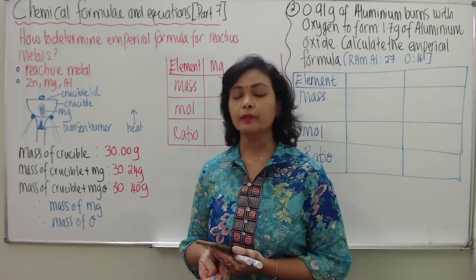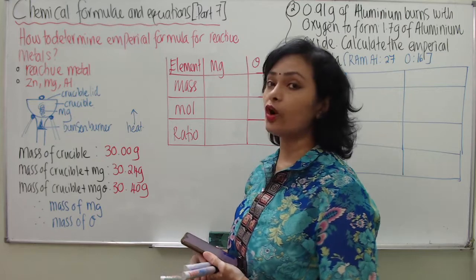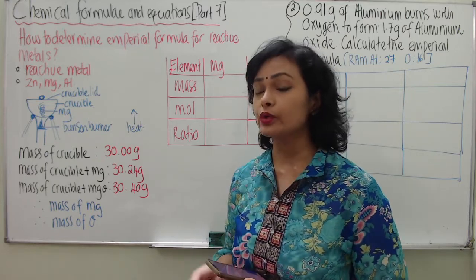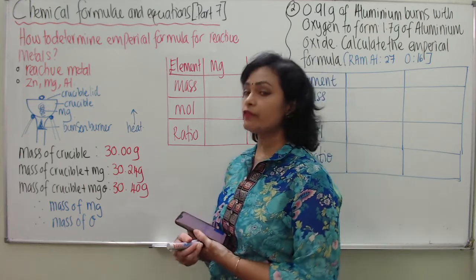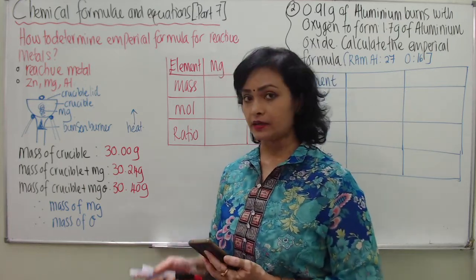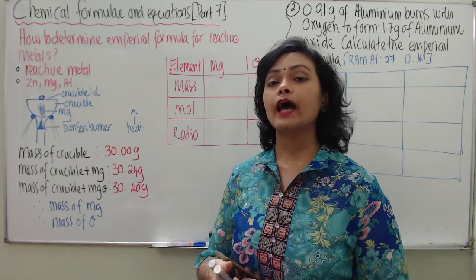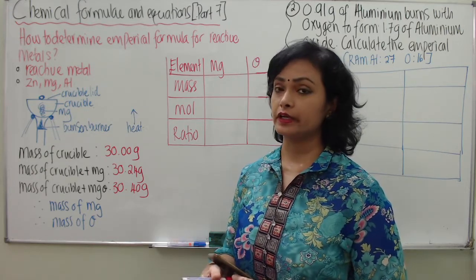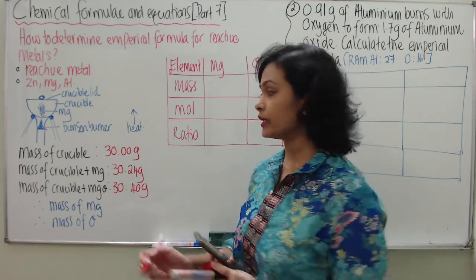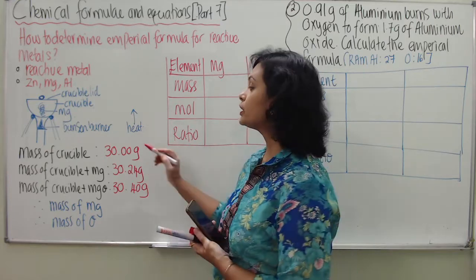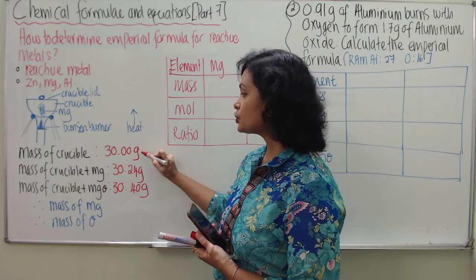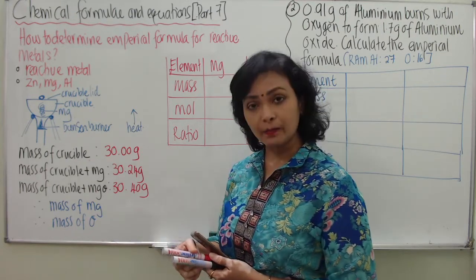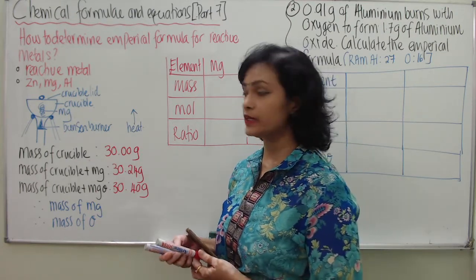Now, the most important discussion of this video is how to determine the empirical formula. If you look at the procedure, there will be one step to weigh the mass of the crucible. Here teacher has given an example of the mass of the crucible.